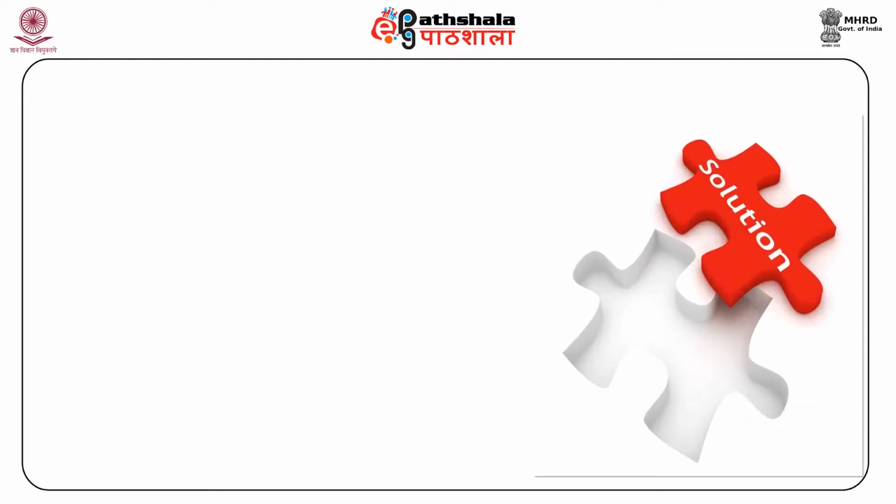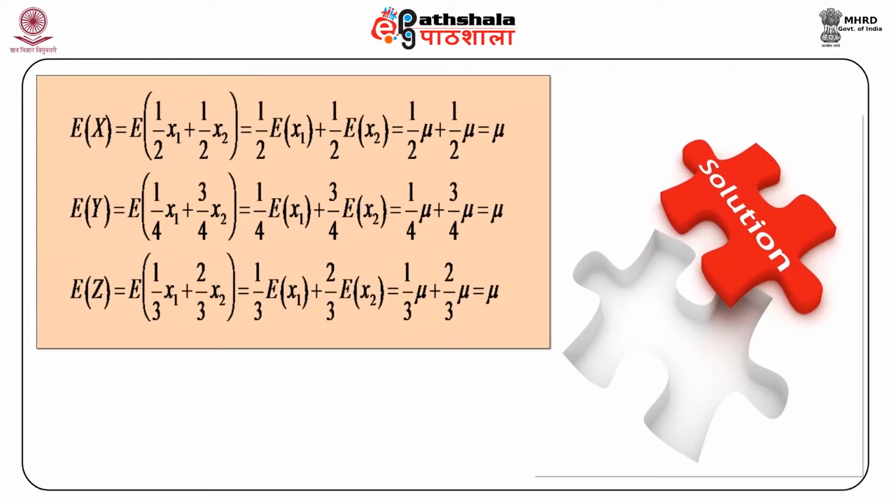This can be solved as expected value of x is equal to expected value of half x1 plus half x2. This is equal to half into expected value of x1 plus half expected value of x2 and is equal to half mu plus half mu equal to mu.